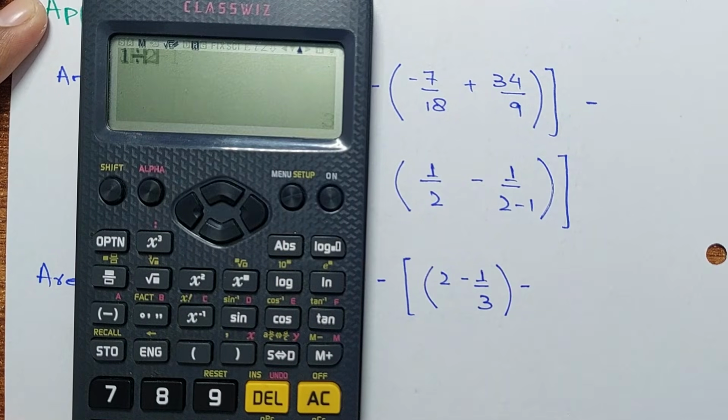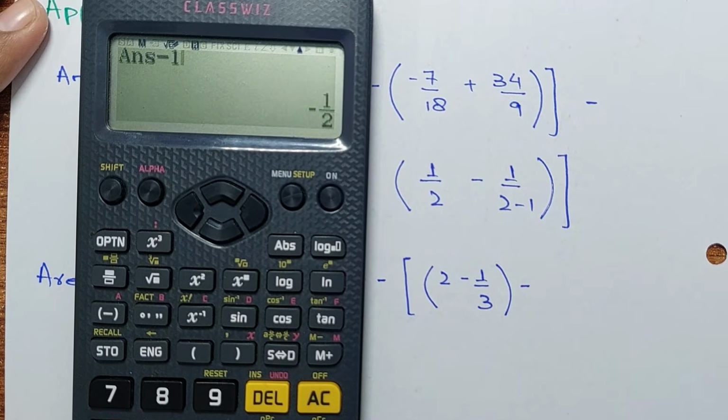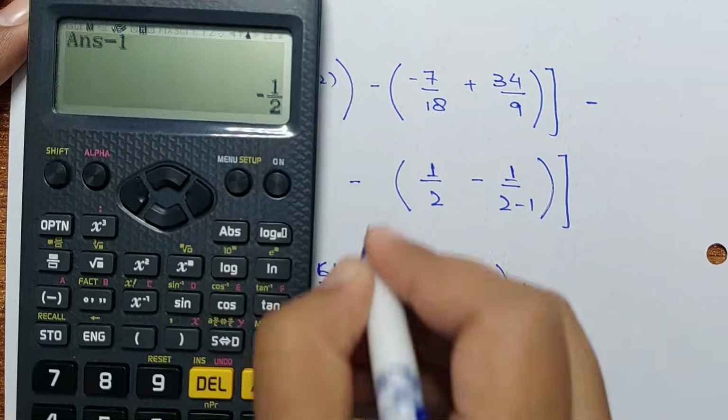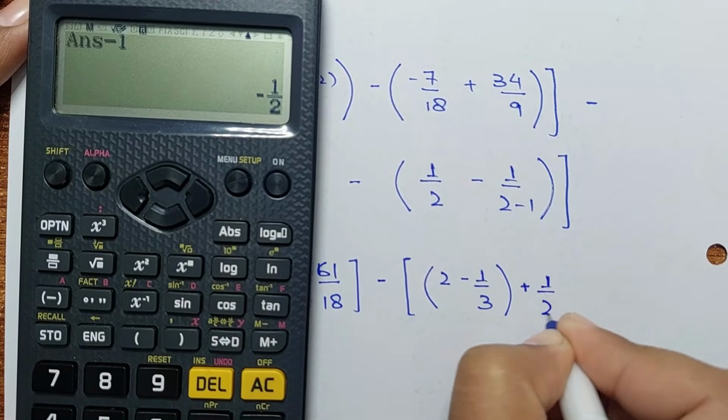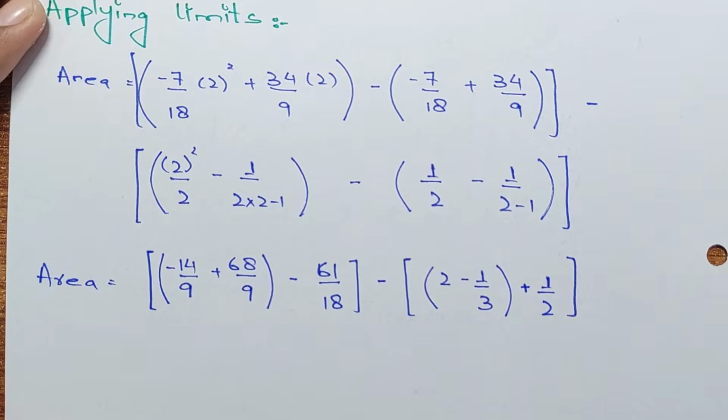And here we have 1 by 2, subtract, this is 2 minus 1 is 1, just 1, minus minus plus 1 over 2. This negative and this negative is positive, right?